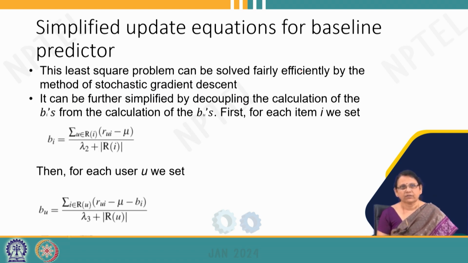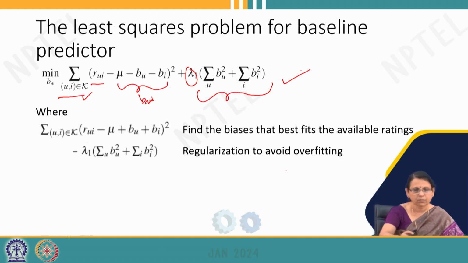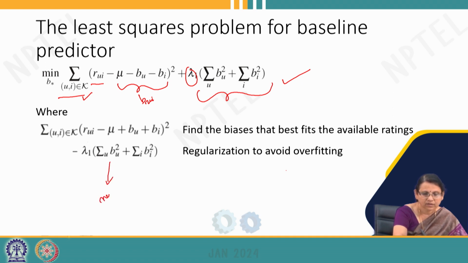Now, look at this. How do we solve this problem? To solve it, how many unknowns do we have? The number of Bus is the same as the number of users, and the number of Bis is the number of items.